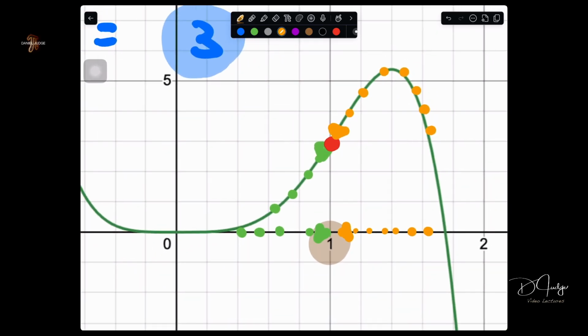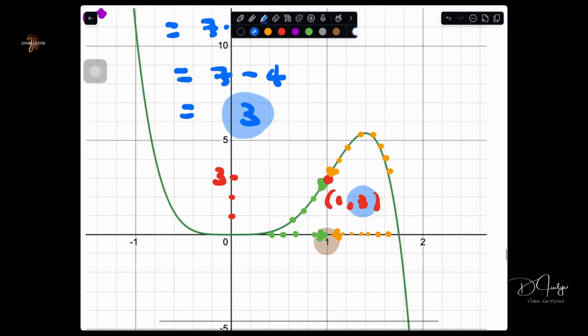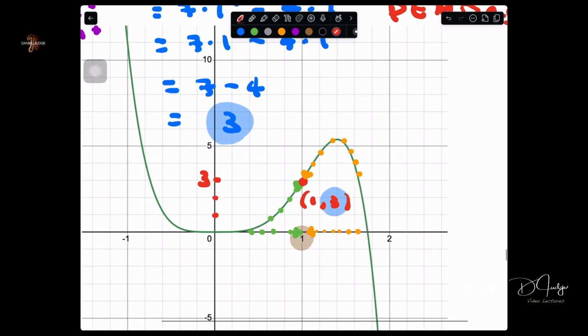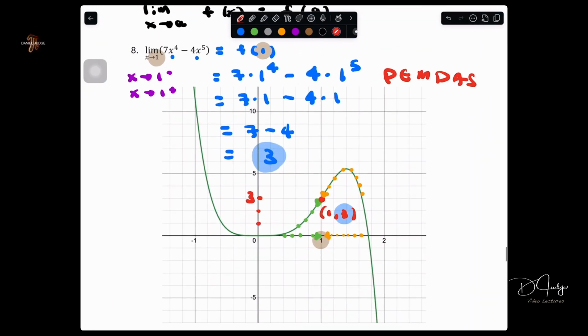That address, though, is 1, comma, let's see what that is. This is 1, 2, and that's 3. So we're approaching 1, 3. And again, the limit answer is always the y coordinate value, or we call that a couple of things. That's L, that's y, but that's the limit value. So that's what we're looking for on the curve. So sure enough, yes, the left-handed limit equals the right-handed limit. They're both 3. All right, good job.